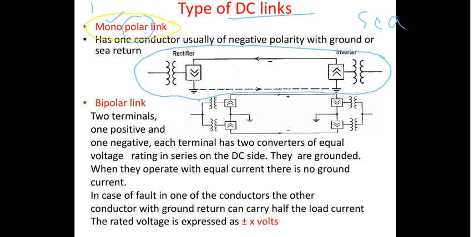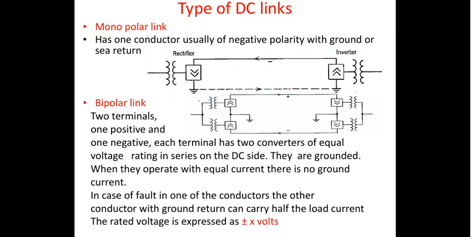All the structure and other things appear to be very simple here, but the drawback is that since it makes use of the earth as the return path, there are issues related to the overall reliability of the system, right? So now that takes us to the next type, that is the bipolar link, right?